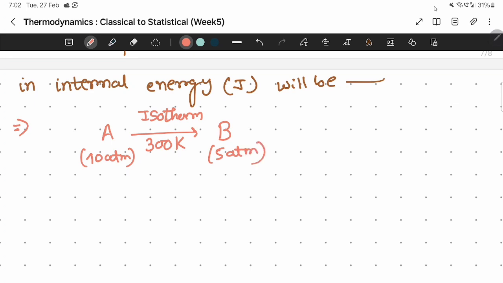This is an isothermal process, against an opposing pressure of 1 atm. After the expansion, the gas is heated at constant volume. Now it is heated, which means it's not an isothermal process anymore. At constant volume, it's an isochoric process until the pressure becomes again 10 atm.